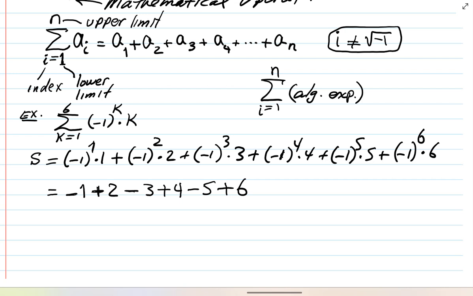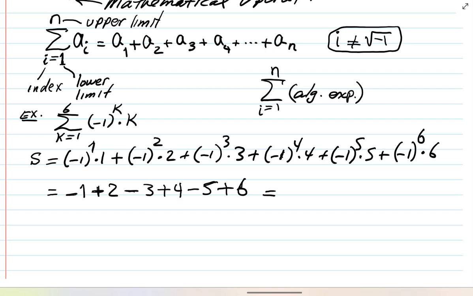The alternating pattern could start, for example, it could be 5 minus 6 plus 7 minus 8. So we could start with positive, then negative, then positive, or as you see, it can be negative, positive, negative. As long as they alternate, that's what these are called, alternating series. Now, of course, we can always add the numbers, right?